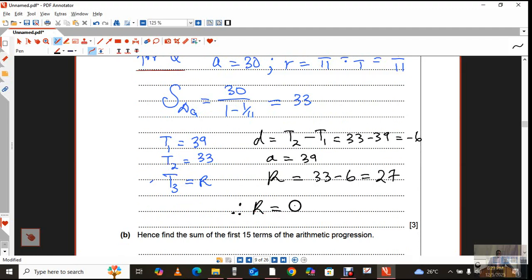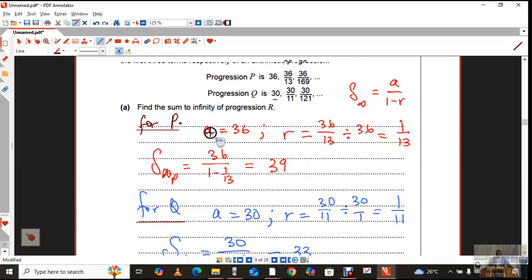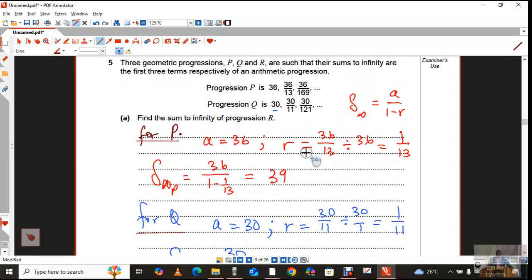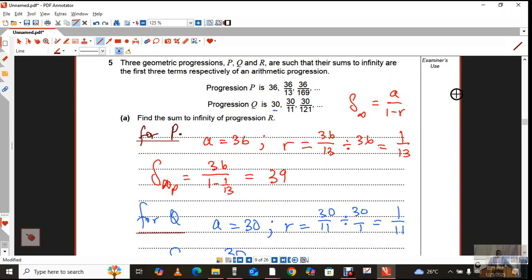Sum to infinity of R will be 27. Quite interesting question. Very tricky to an extent, but actually, if you understand the concept, then you do not have a problem. Okay. So through and through, you have to apply the sum to infinity formula.